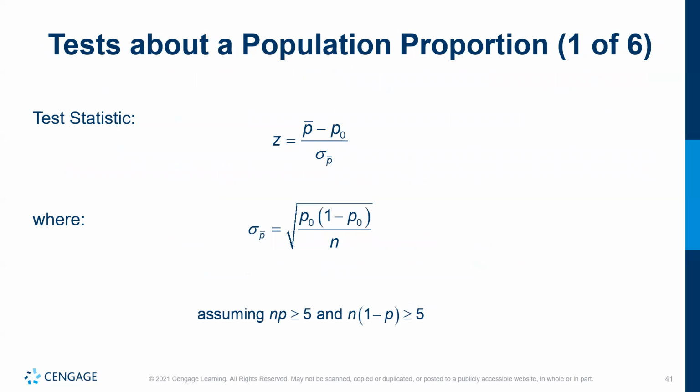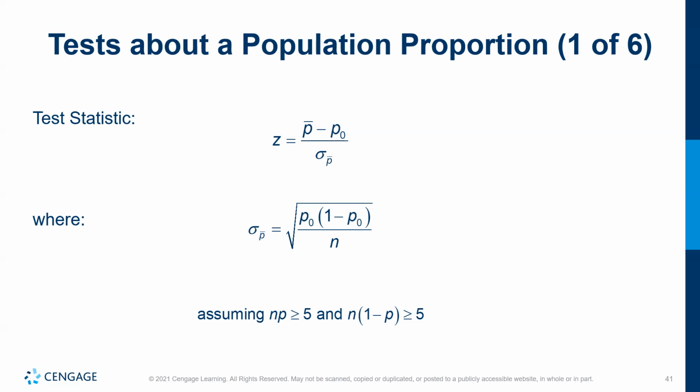All right, here are the formulas, like I said, that you'll need to know. I mentioned you needed it for the mean one, so this is for the population proportion. To calculate the test statistic, you're just going to take the sample proportion minus the assumed or hypothesized proportion, divided by the standard error of the proportion, where the standard error of the proportion is the square root of the assumed proportion times 1 minus the assumed proportion, over n.